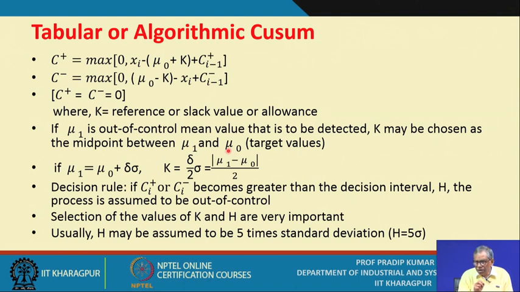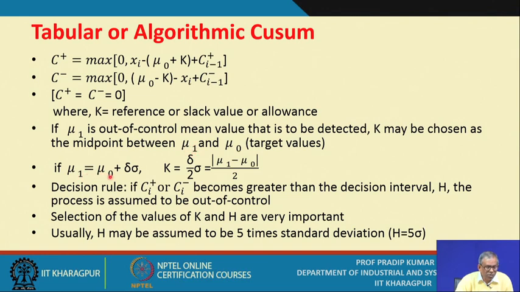Is it heading towards a value called mu1, and then the process will go out of control, and then obviously there could be unexpected bad performance from the process. So that is to be avoided. So the target value is mu0 and the out of control mean value is mu1.